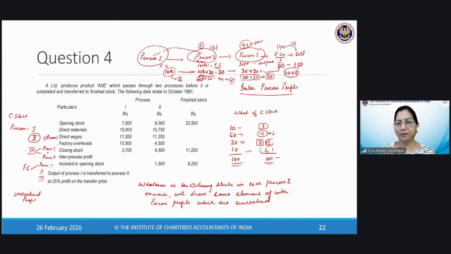So if I say 100 rupee profit, from this 100, I'll have to subtract 2, 15, 2, 3, 2, 1, 2, 1. That will be the true profit for the entity as a whole.